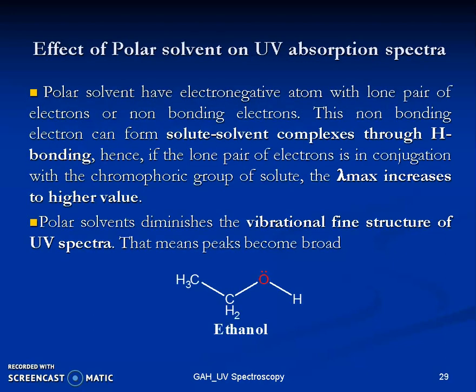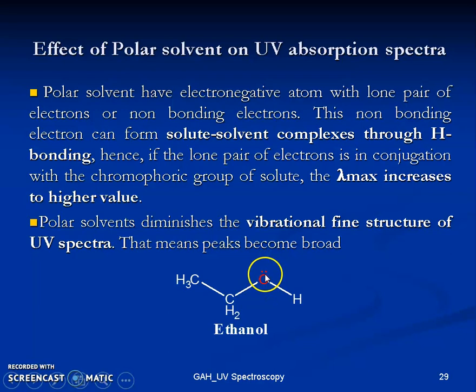So we need to understand the effect of the polar solvent on the UV absorption spectrum. I have taken ethanol as an example. All the polar solvents usually have an electronegative atom, and this electronegative atom has a lone pair of electrons, which are the non-bonding electrons, and these non-bonding electrons can form hydrogen bonding with the solute, as we have discussed in the previous discussions.